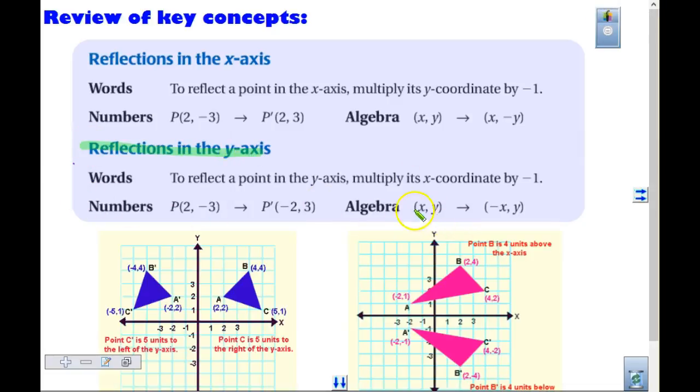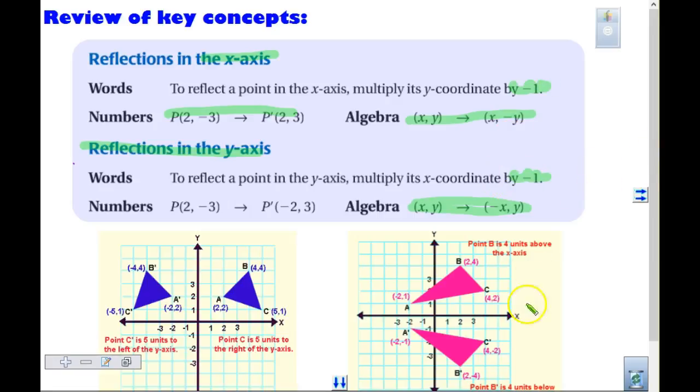And we found that x, y changed to negative x, y. Does it make sense if we were to reflect it over the x-axis that the points are going to become, like if it was 2, negative 3, it's now going to change to x, negative y? So what Sanjay was saying is that it's the same if I'm reflecting over, the order stays the same, but we're multiplying like by a negative 1.